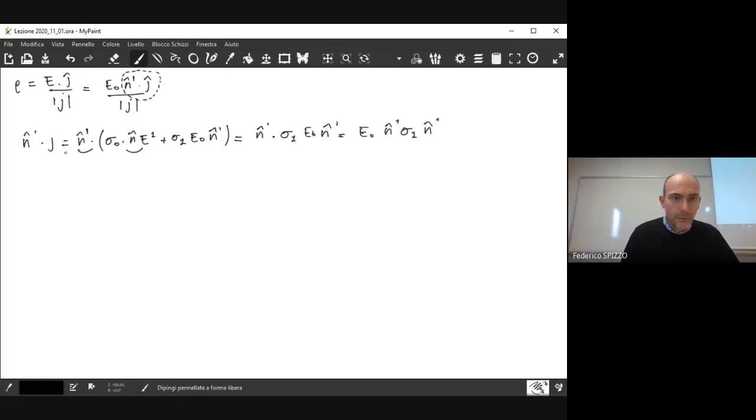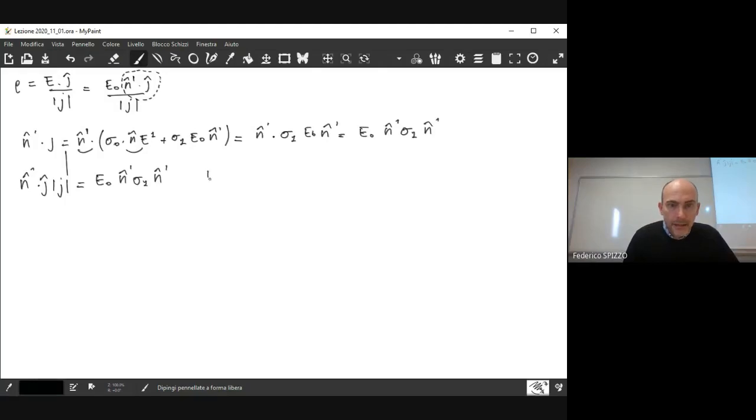So if we write n prime scalar product J as n prime scalar product J versor times J modulus, we know that this is equal to E0 n prime sigma 1 n prime.